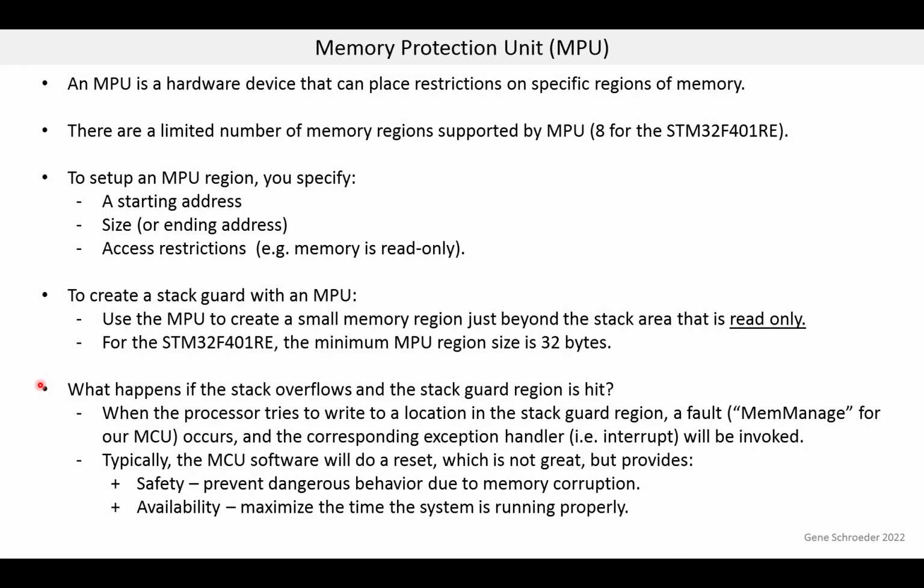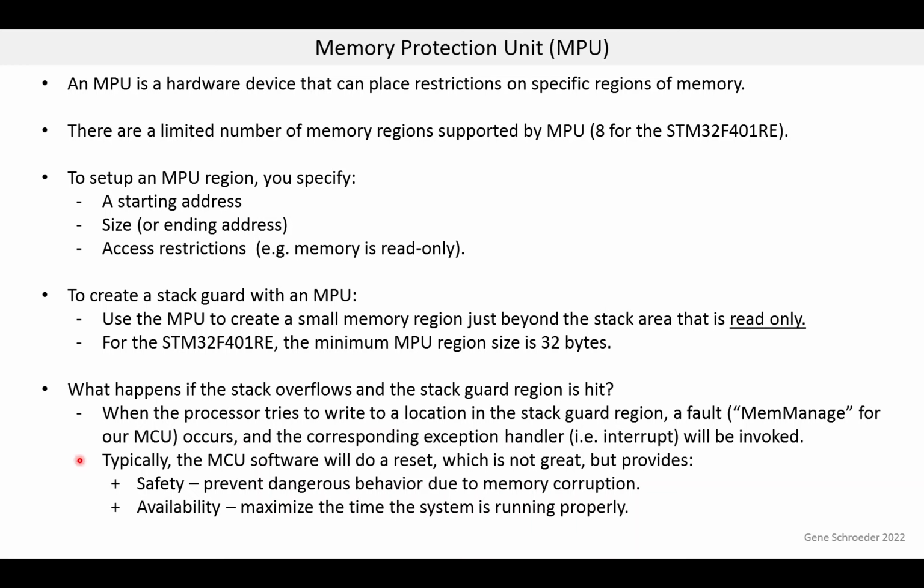So what happens if the stack overflows and the stack guard region is hit? Well, when the processor tries to write to a location in the stack guard region, a fault occurs. And for our MCU, the fault is called MemManage. And when this happens, the corresponding exception handler or interrupt will be invoked.